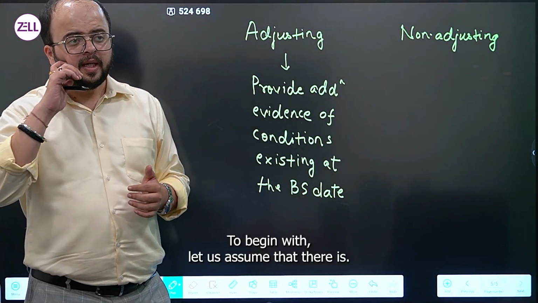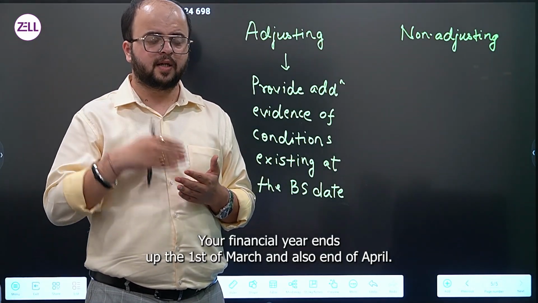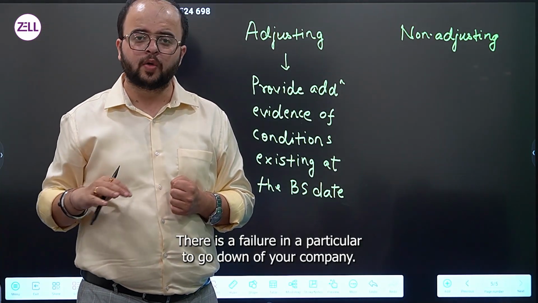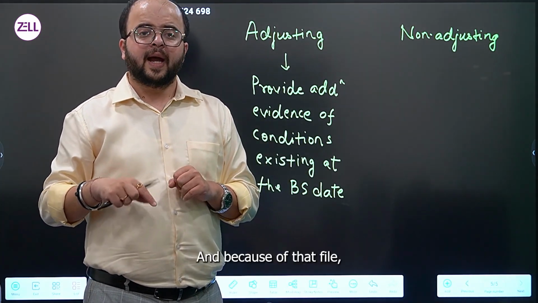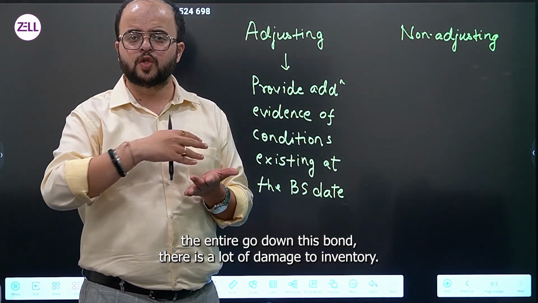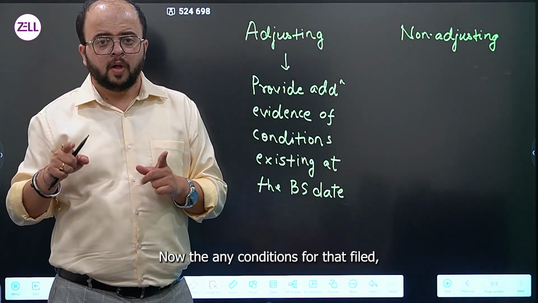To begin with, let us assume that your financial year ends on 31st of March, and on 7th of April there is a fire in a particular godown of your company. Because of that fire, the entire godown is burnt. There is a lot of damage to inventory. Your entire building has been damaged.